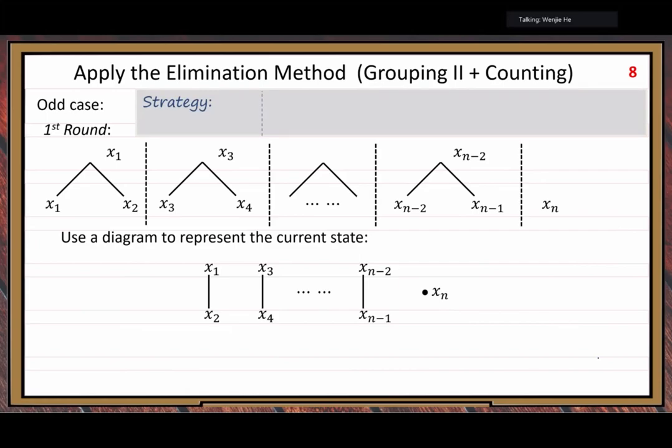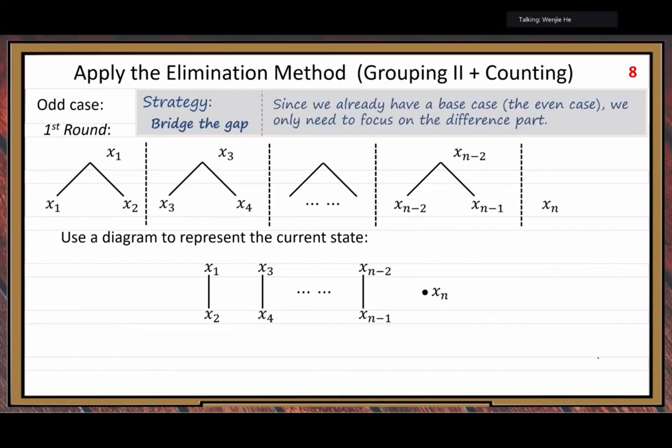So this time, you can see the singleton. We have this element, with no pairing for it, so we take it out. Here, the problem-solving strategy is to bridge the gap.